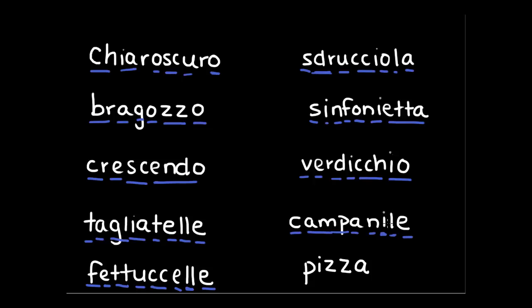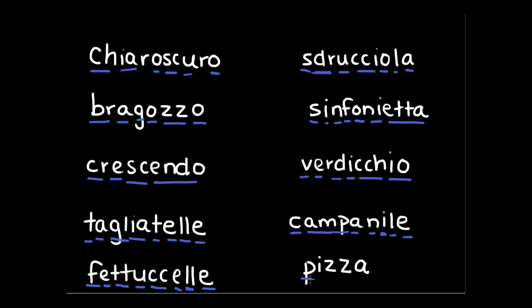Just like right here, campanile, it's an I. But if it's at the end, it can be I or an E. And this is a perfect example that can help you remember that rule because it's NILE. It shows exactly what I just said, that the E in the middle is going to be I most of the time, but at the end, it can be I or E. So that's campanile. And our final word, perhaps our favorite word out of this list, pizza.